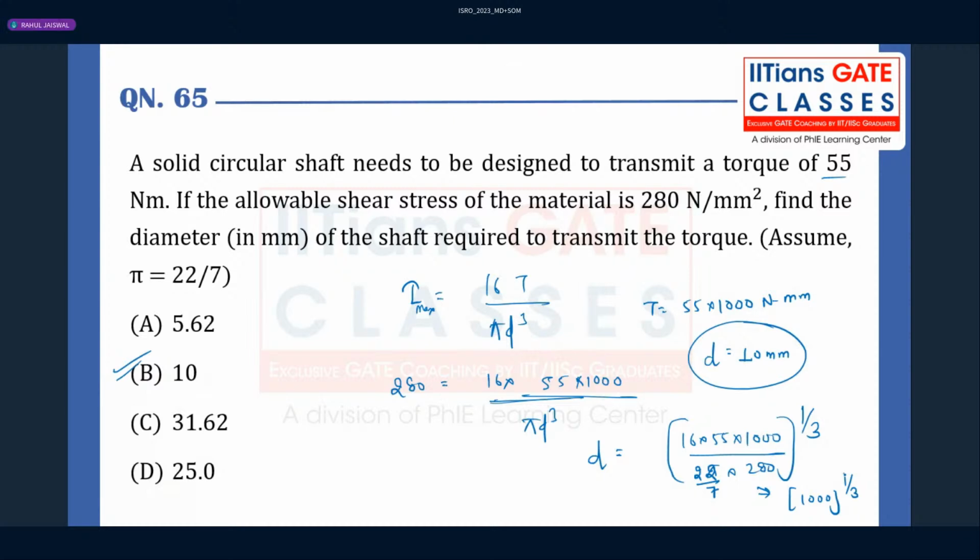So don't get scared by seeing too much data in the calculations. You may end up getting a known value whose 1 by 3rd root you can take. But for that, you need to put pi as 22 by 7. This is important. Don't keep it as 3.14728 or something like that. Very, very important.